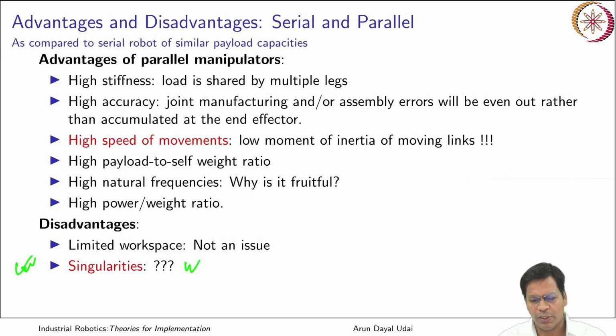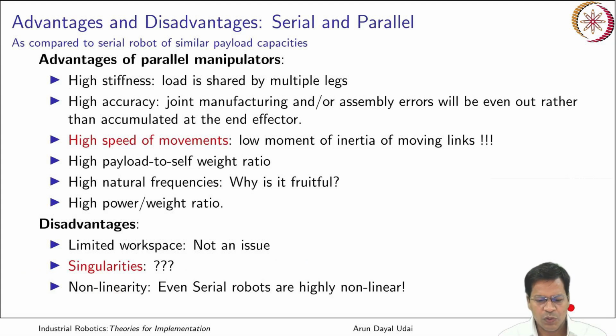We'll discuss more about this when we'll be discussing singularities and differential motions. Okay, so yes, they are non-linear. Even serial robots are non-linear, so even that is not much of an issue. Okay, so yes, you have now seen the power of parallel robots also.